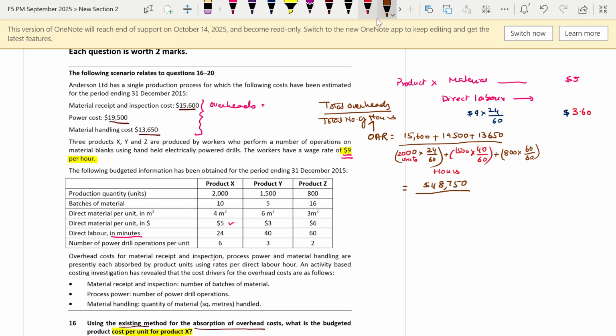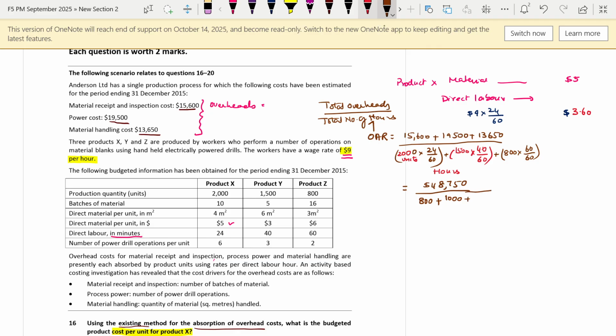That is 800. Plus 1,500 times 40 divided by 60, it comes to 1,000.